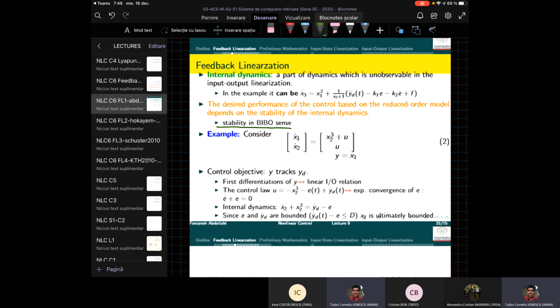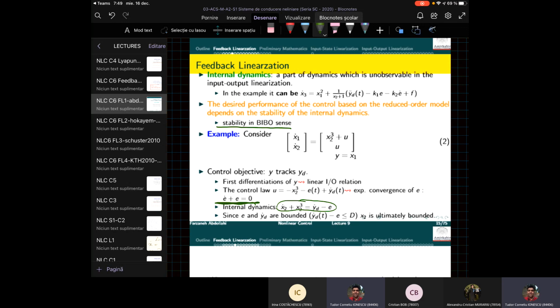Example 2. The control objective is for y to track a desired yd. If you differentiate, you immediately get an input-output relation. Then you get the control law, and the error is defined by these dynamics. The internal dynamics, however, is this one in the new coordinates.